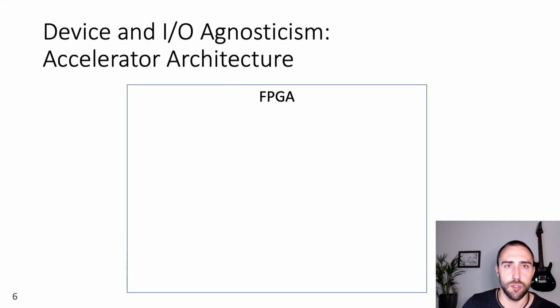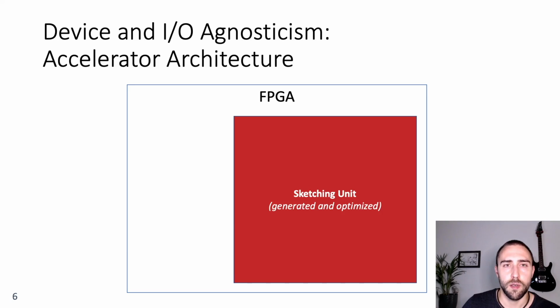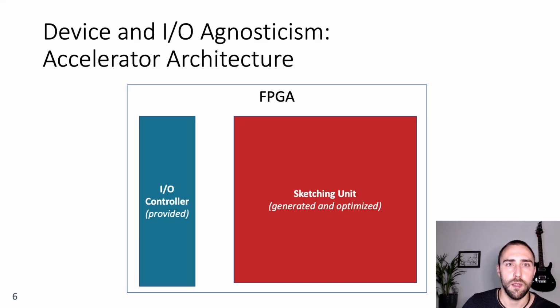To see how Scotch reaches device and I/O agnosticism, it is interesting to look at a high-level overview of the accelerators generated. They consist of two components. The first one is the sketching unit, and it is generated and optimized by Scotch. It contains all the hardware that is required to create the sketch. The second one is an I/O controller that is responsible for moving in data from the outside and passing it to the sketching unit.